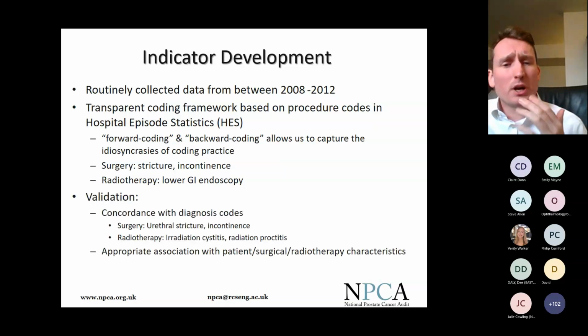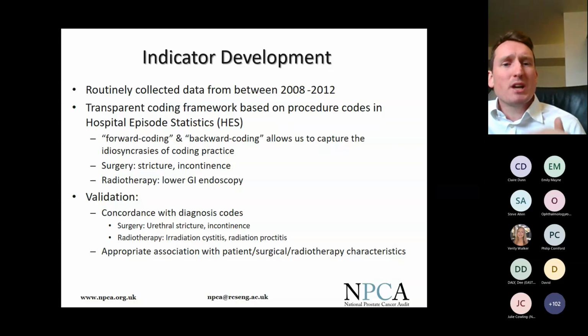We didn't just want to rely on procedure codes for this. We wanted to make sure that they were as valid and as robust as possible, so we wanted to see whether there was any concordance with the diagnosis code. The thing with HES is they can capture procedures, but also diagnosis codes. So we were able to look at the men having procedures for urethral strictures or incontinence and see whether there was a relevant diagnosis code in that same episode.